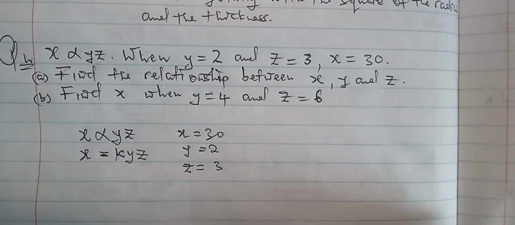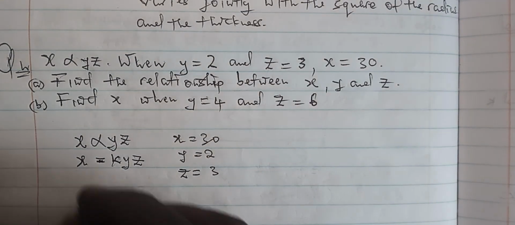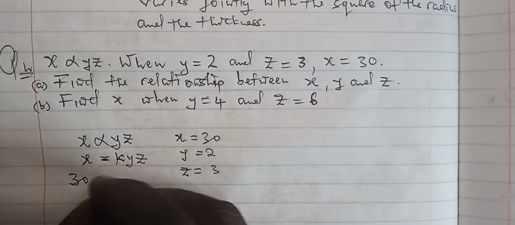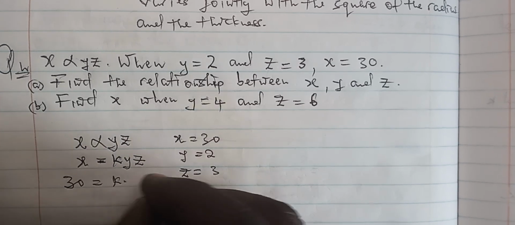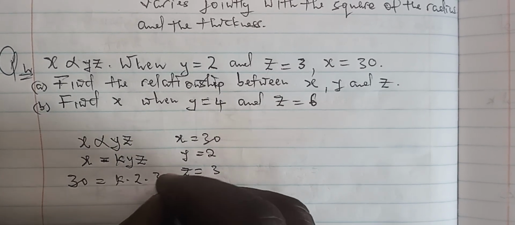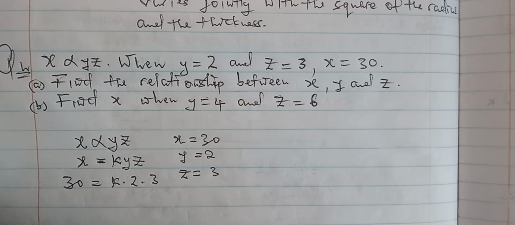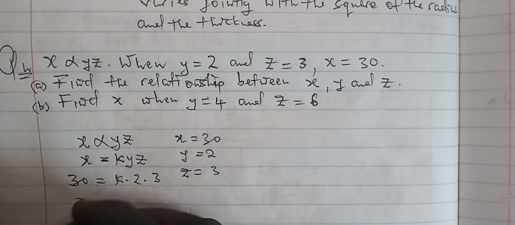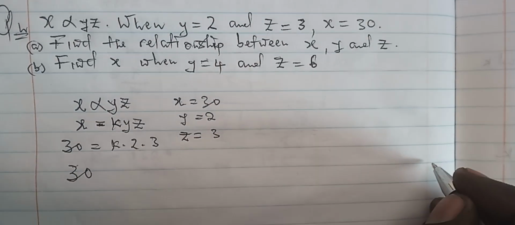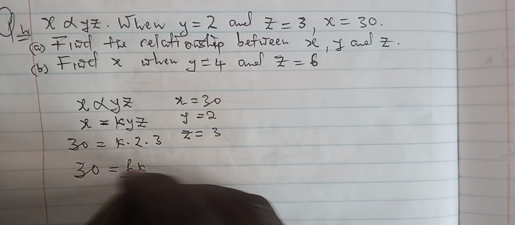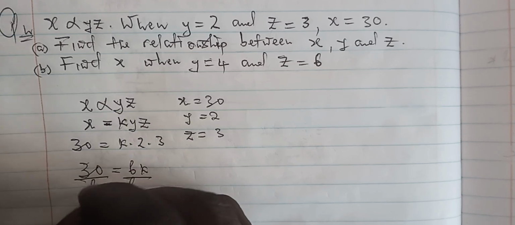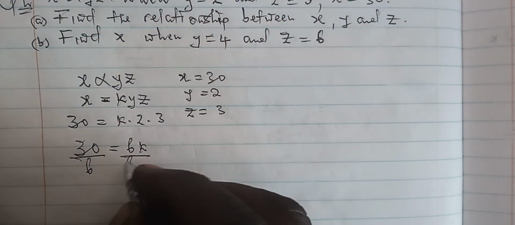Substituting these values in the formula, we're going to have 30 is equal to k multiplied by 2 multiplied by 3. So we have 30 is equal to 6k. Divide both sides by 6 to find the value of k.